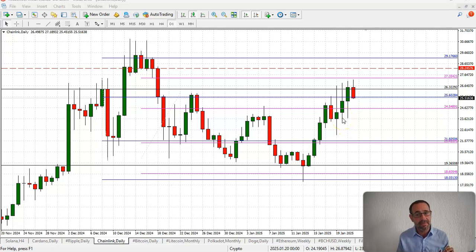Having said that, we still need a daily close below 25.6, which seems to be happening right now as we speak, because price action is starting to slightly slide below 25.60. I'm not saying it's necessarily going to break down by the end of the day, but if it does, that is our trigger. That is our cue to jump into a new short position this time.